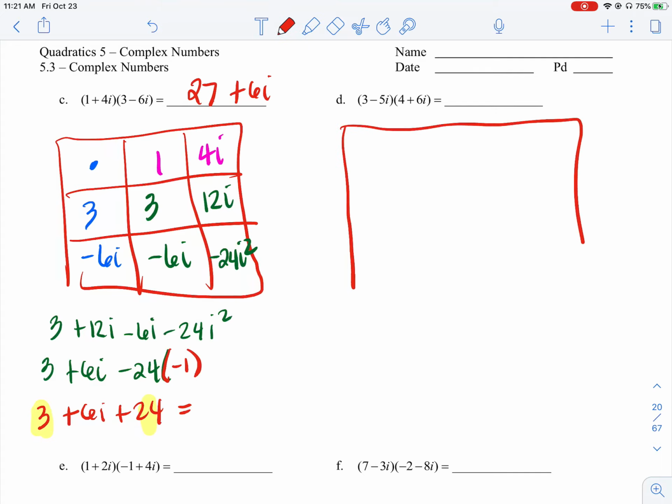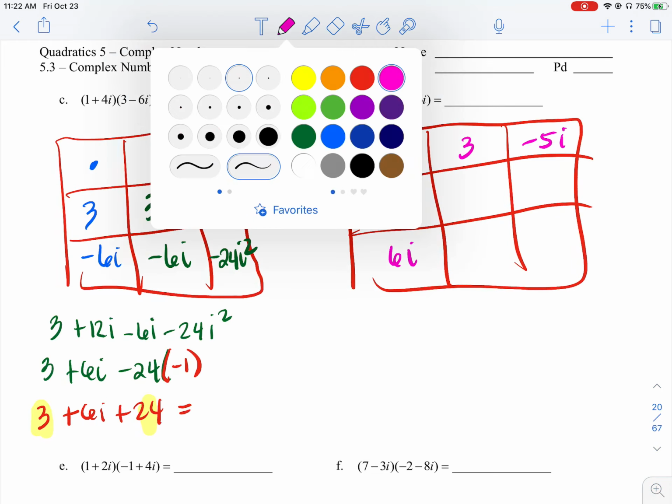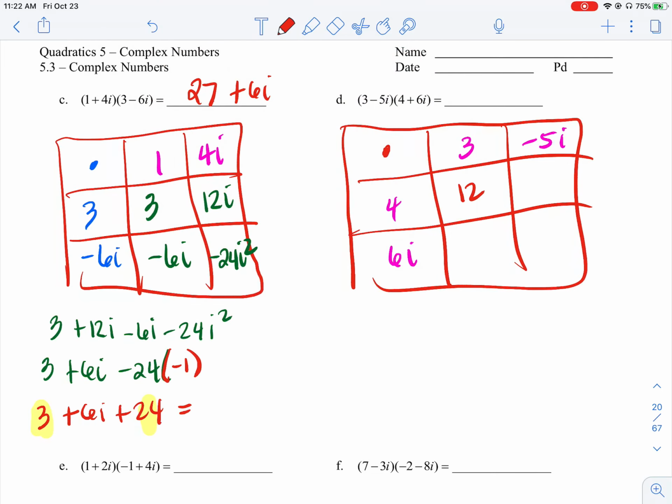Let's have another example using the box method. Again, I would like to repeat, you could always use the FOIL method, rainbow method, or the distribution method. Okay, I'll put 3 minus 5i, and 4 and 6i. 3 times 4 is 12, negative 5i times 4, negative 20i. 3 times 6i is 18i.